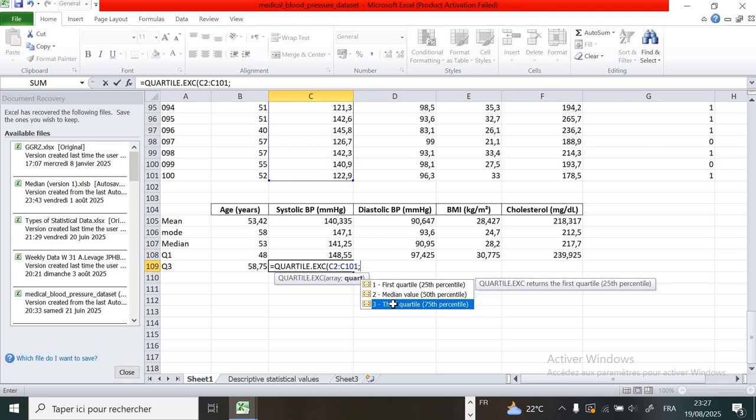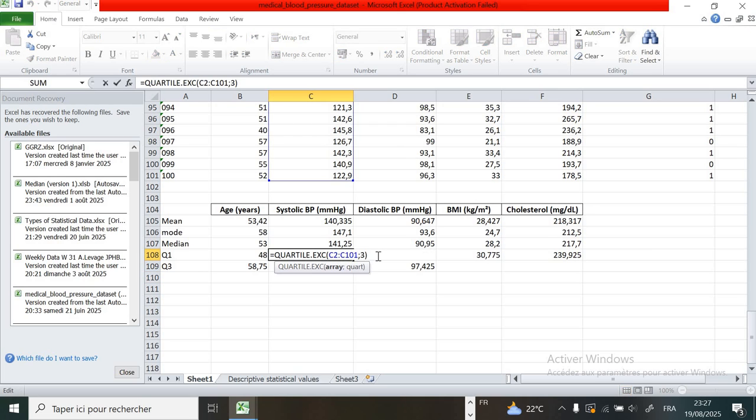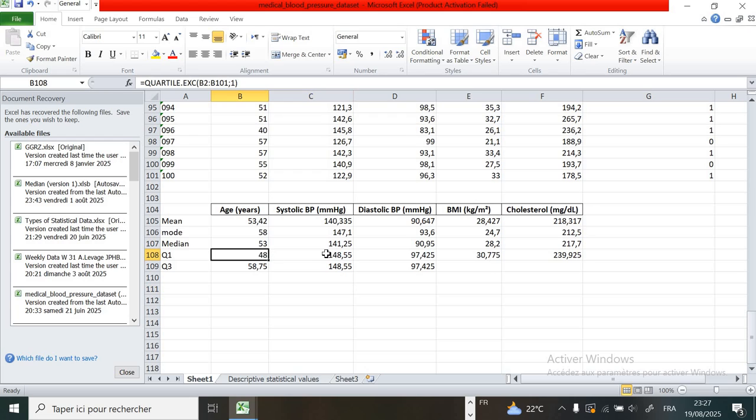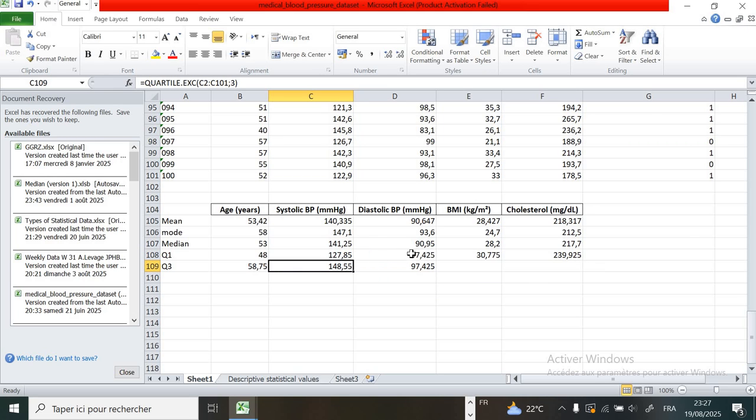We look for the third quartile. No, here we have the second. We should have the first quartile. I made a mistake.